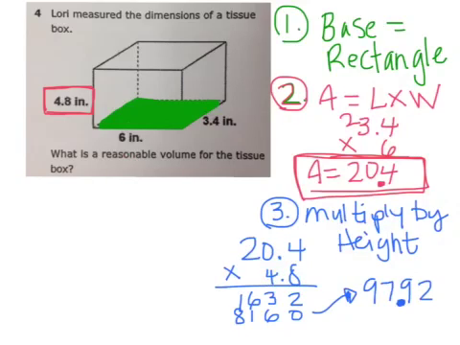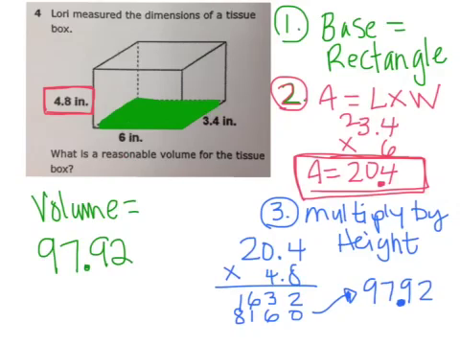So my final answer, the volume of this rectangular prism is 97.92, and volume is always measured in cubic units. So to do cubic, you always do a 3.